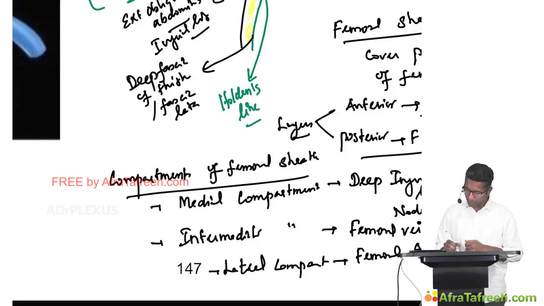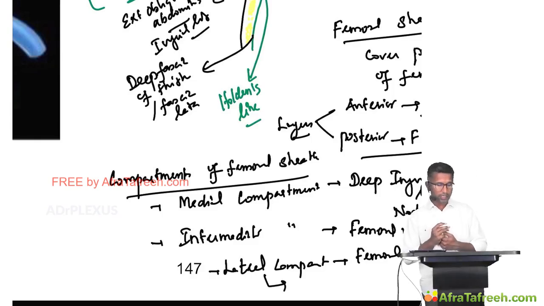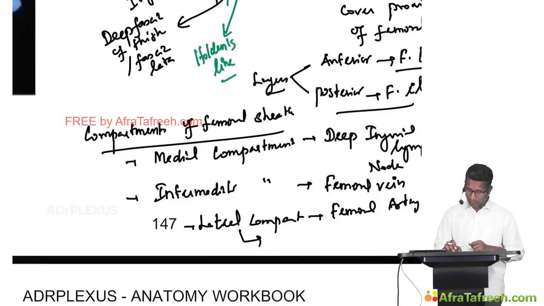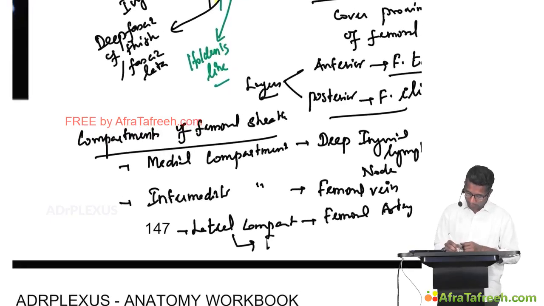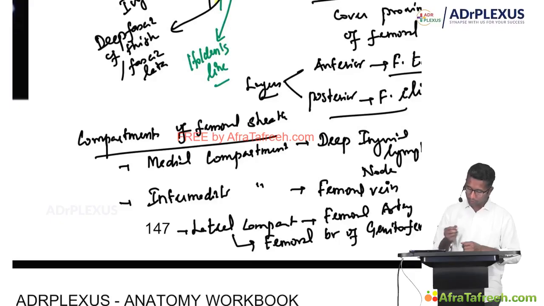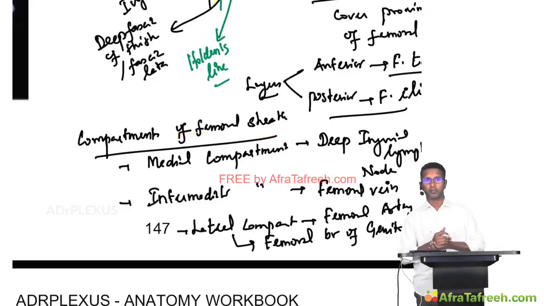Along with the femoral artery, the lateral compartment also contains one nerve, which supplies the skin over the femoral triangle. That nerve is called the femoral branch of the genitofemoral nerve.